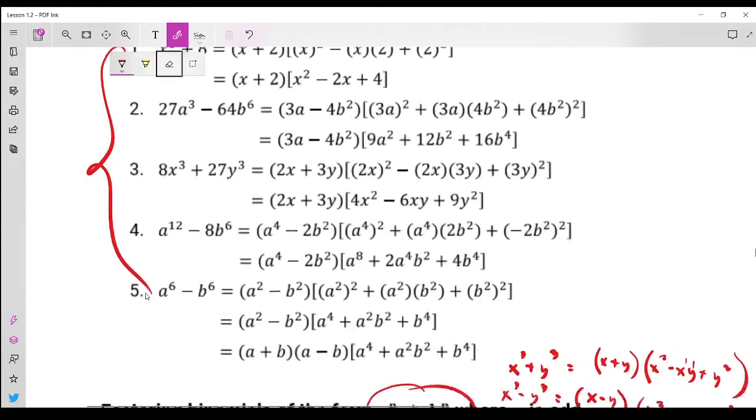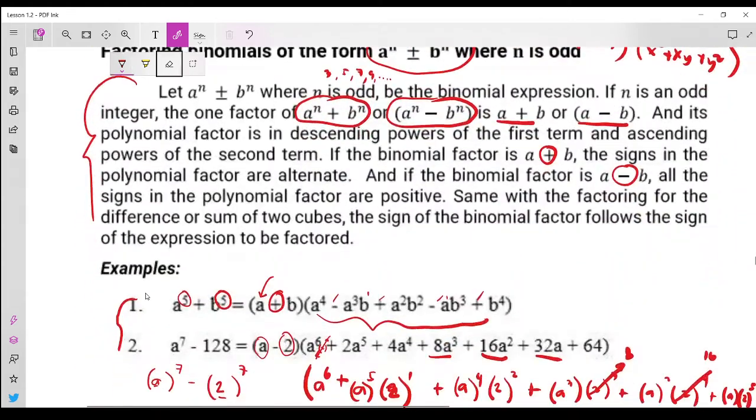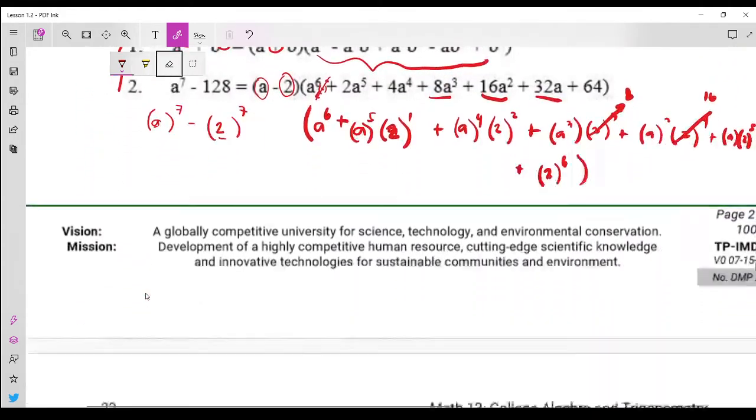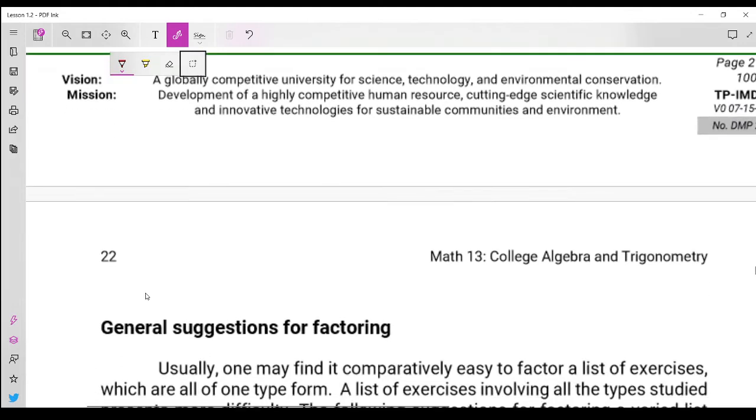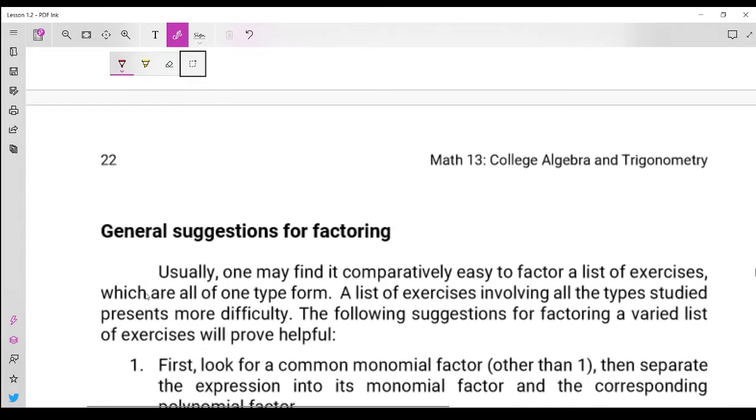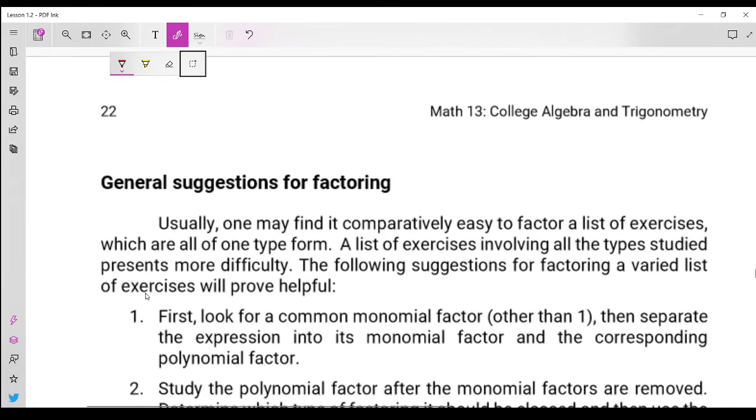So if they are written in sets such that in each set you have only one type of factoring to perform, it's easy. But if a list of exercises involving all the types studied is presented, it presents more difficulty.